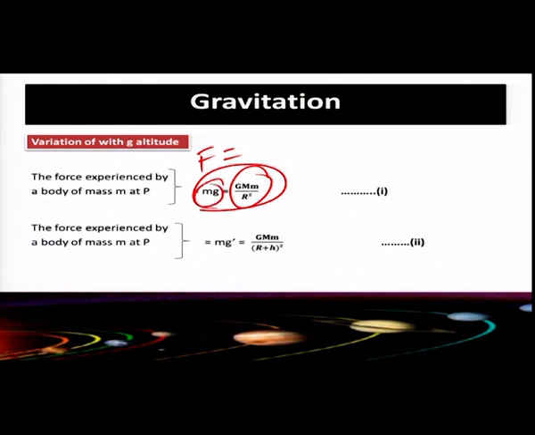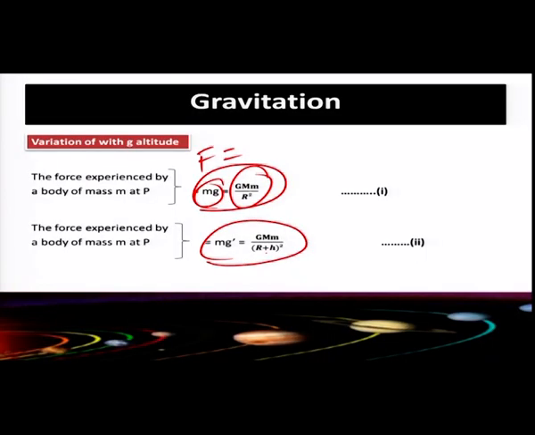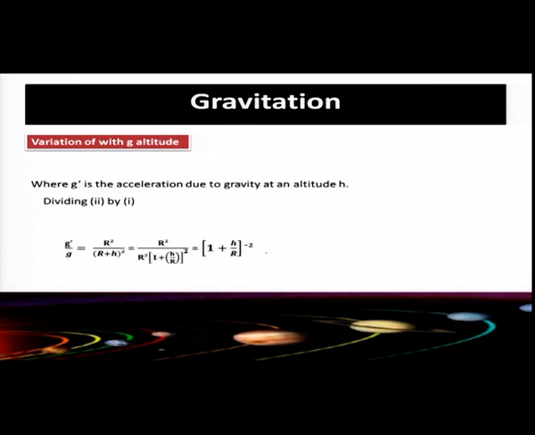And if we consider the force experienced by a body of mass m at Q, then we have mg' = GMm/(R+h)², where g' is the acceleration due to gravity at an altitude h. Dividing equation 2 by 1, we get g'/g = R²/(R+h)².